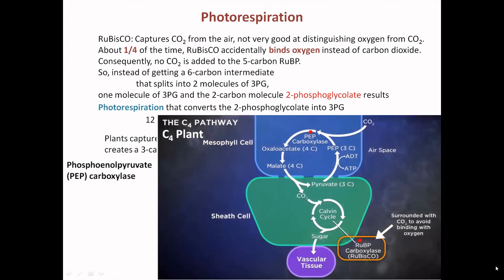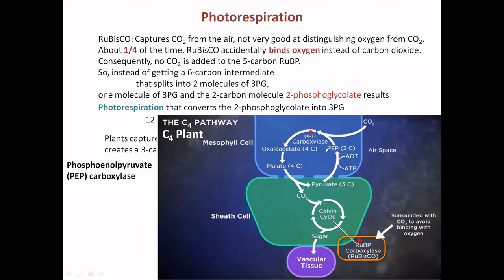The next one is the C4 plants. Why are they C4 plants? Considering the shortcoming of RuBisCO, in these plants there is an additional cell called the mesophyll cell. This cell traps CO2 with the enzyme phosphoenolpyruvate carboxylase, which fixes the carbon so that it reduces the burden on RuBisCO.